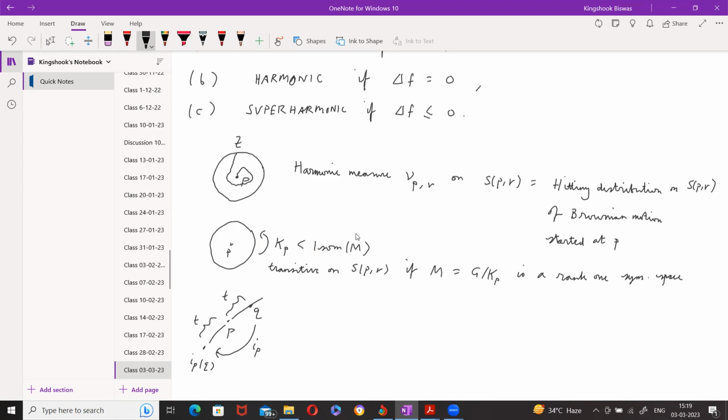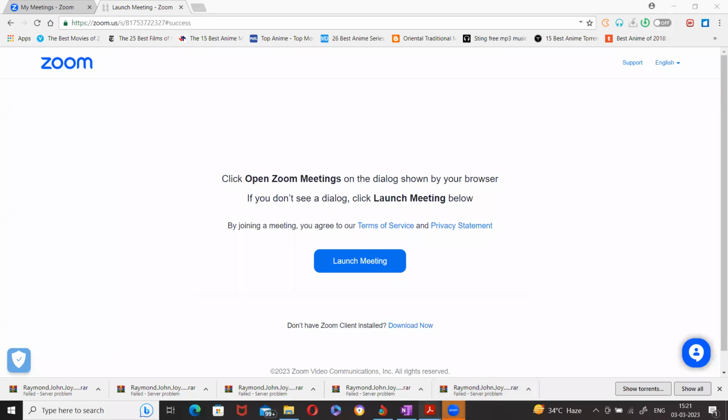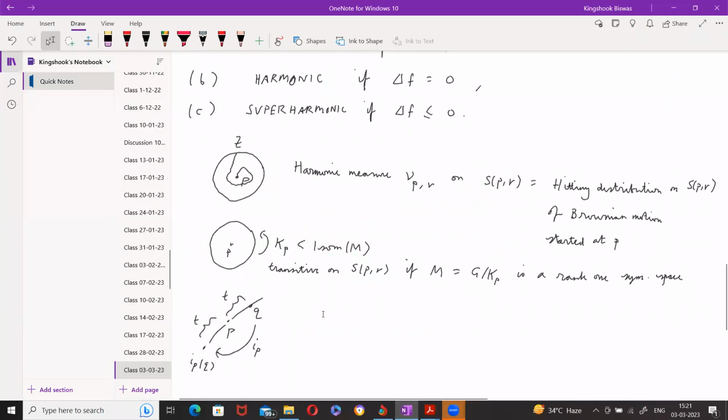Let me stop this and start again. So I was talking about symmetric spaces. This is called the geodesic involution because it sends geodesics passing through P to themselves.